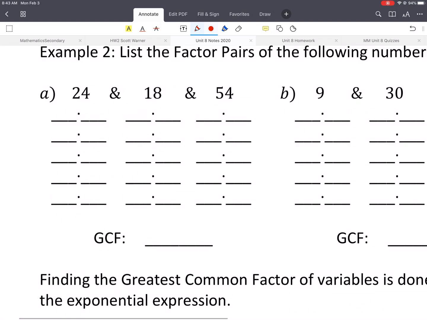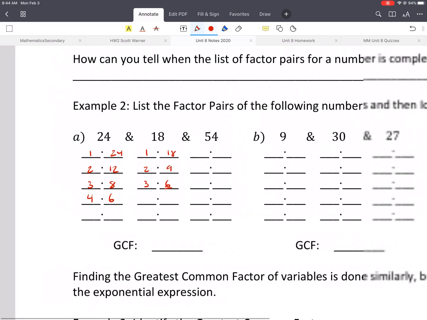So here, the difference now is that we have 3. Sometimes we will have 3 terms with a polynomial. So we just need to do it all 3 times. So 1 and 24, 2 and 12, 3 and 8, 4 and 6, 5 doesn't go in, and then 6 is already written there. 18, so 1 and 18, 2 and 9, 3 and 6, 4 doesn't go in, 5 doesn't go in, and then we're back to 6.